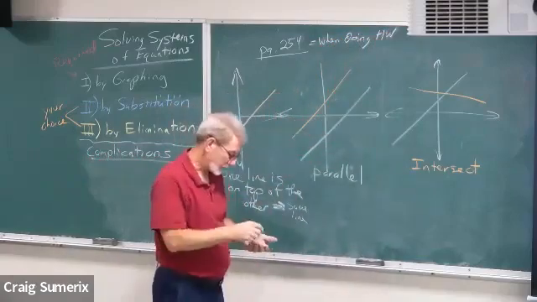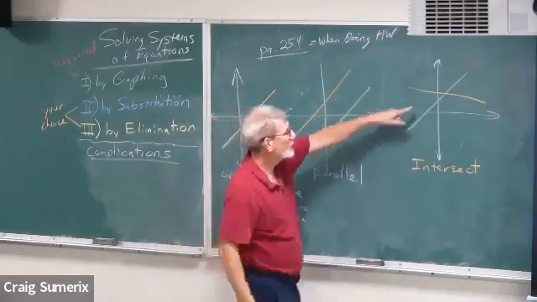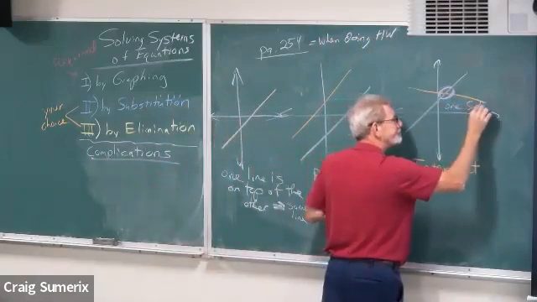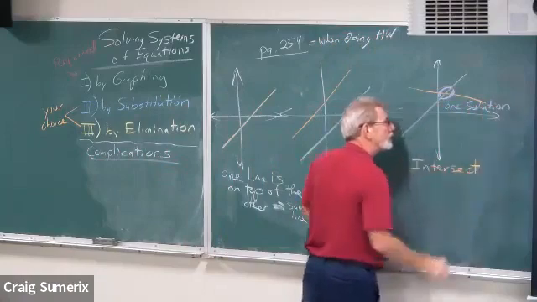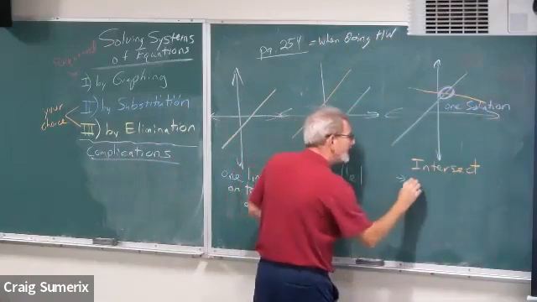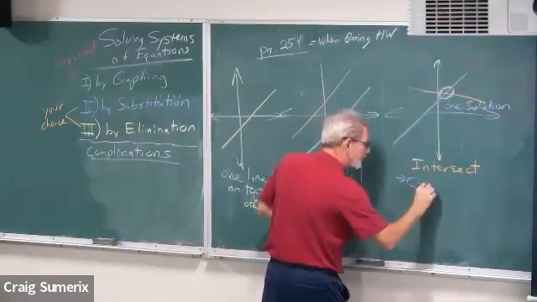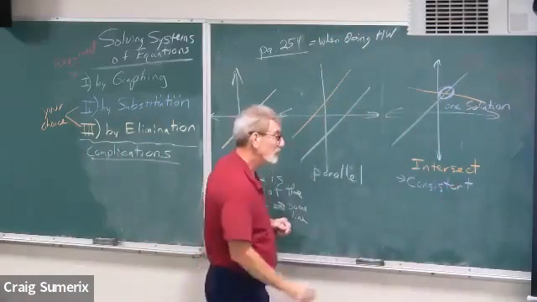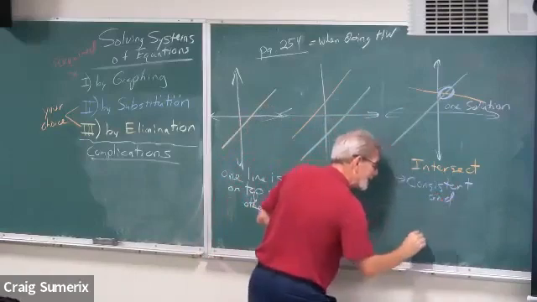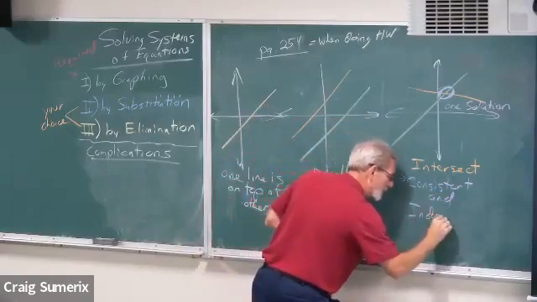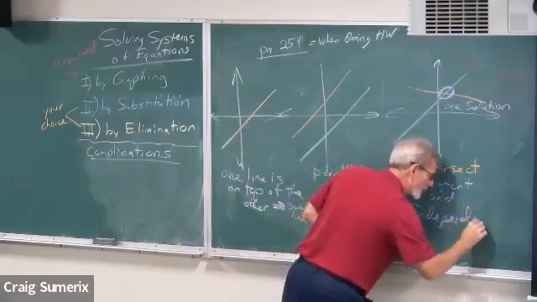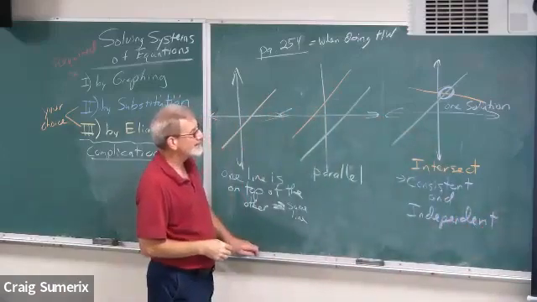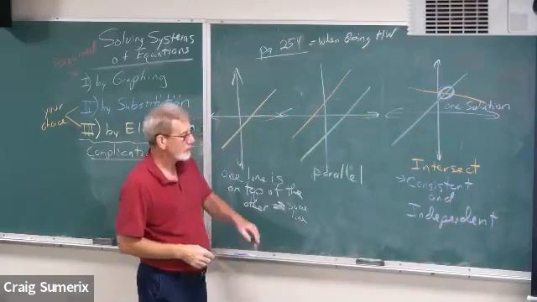If they intersect, you have one solution here, right? These are called consistent because they have a solution, and independent because the lines have nothing to do with each other except for the fact they cross.